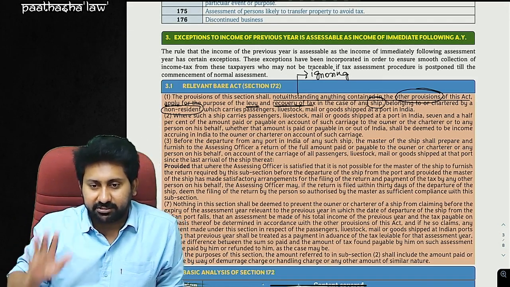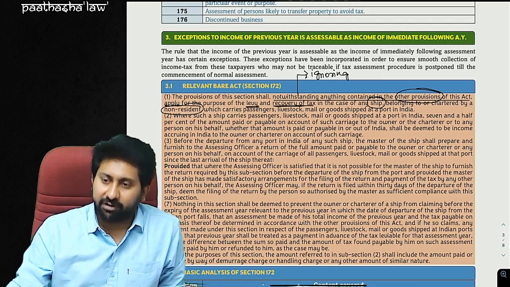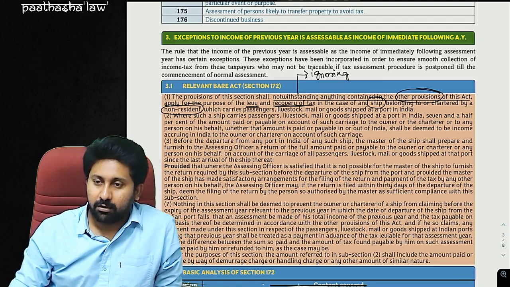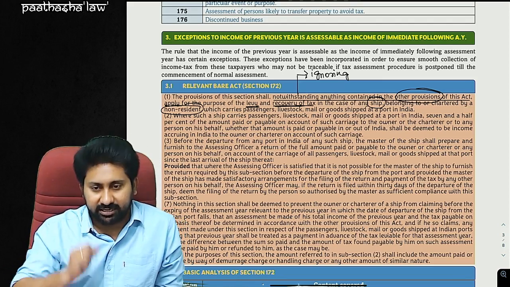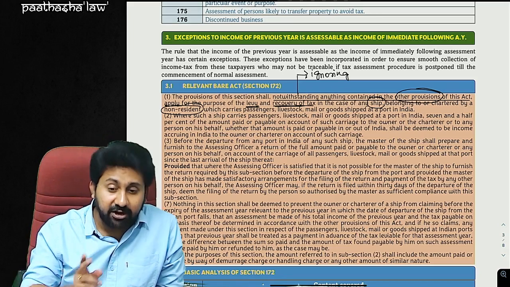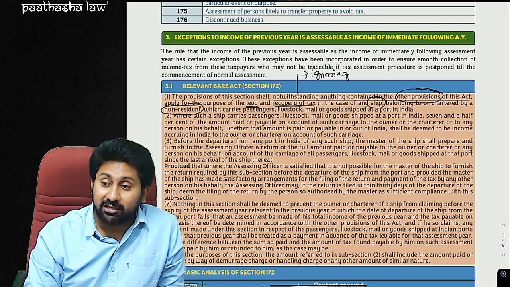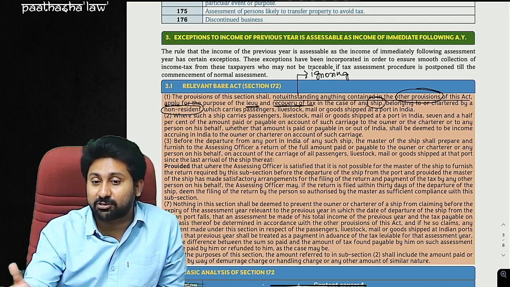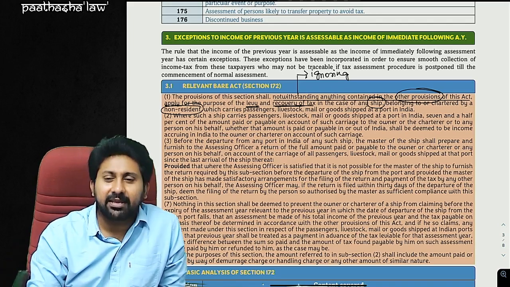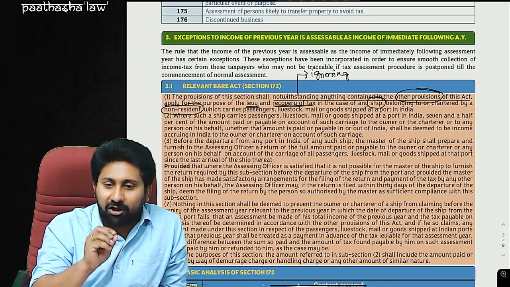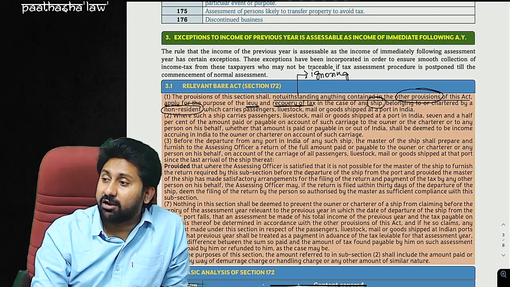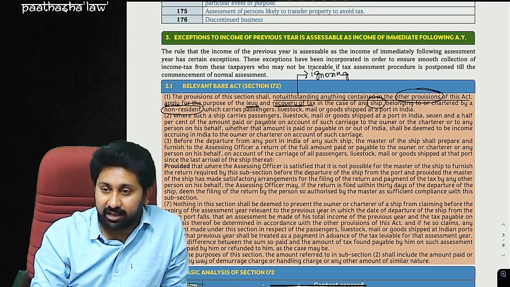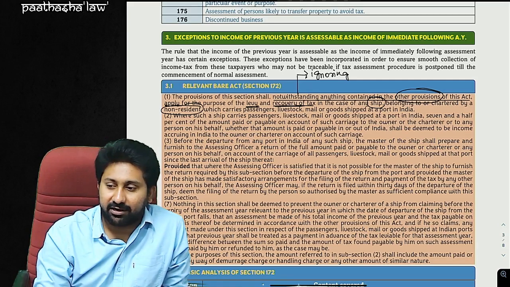The idea of this section is very clear. The intention of the revenue is this: whenever there is a non-resident, that too which kind of non-resident? A non-resident who doesn't have a stable source of income in India. For example, a non-resident is having land and building in India and rent is generated.